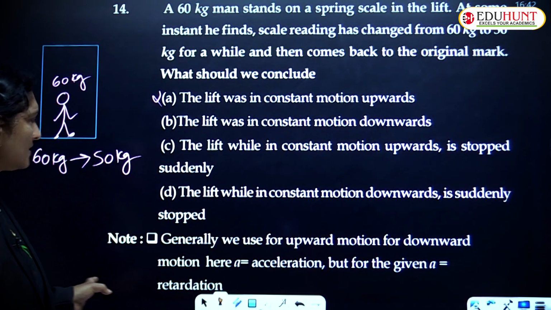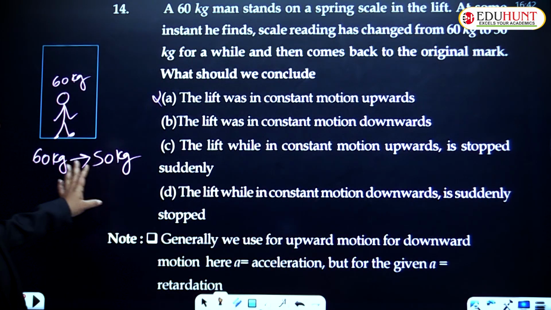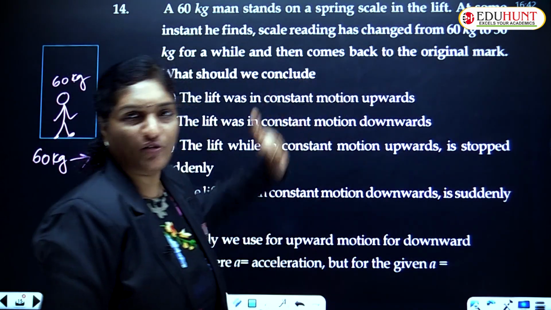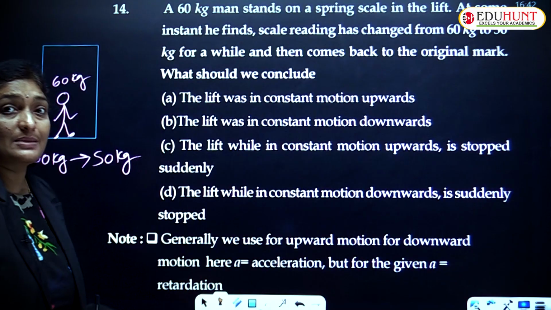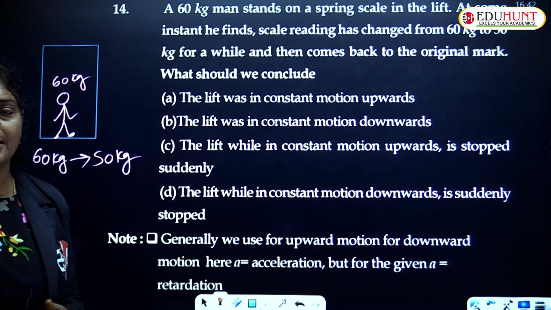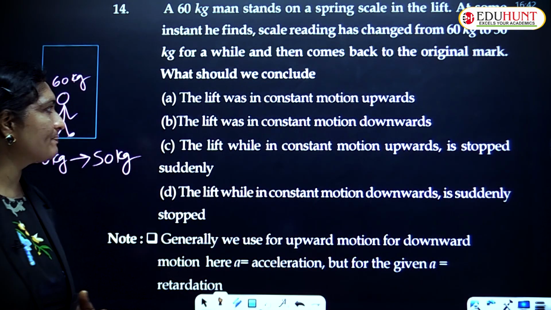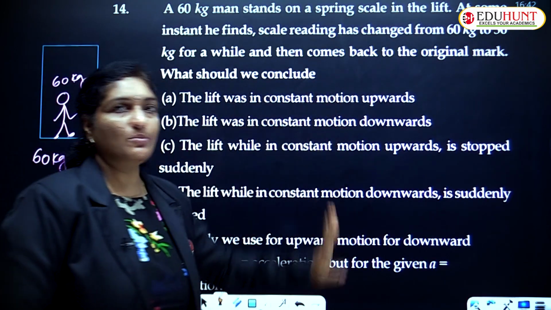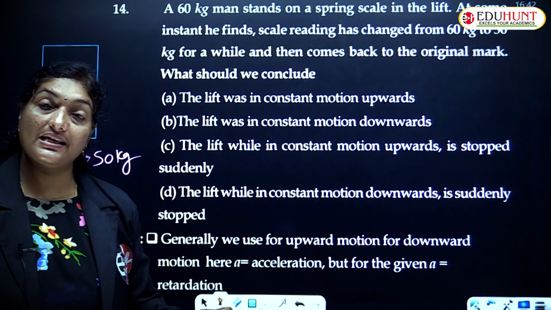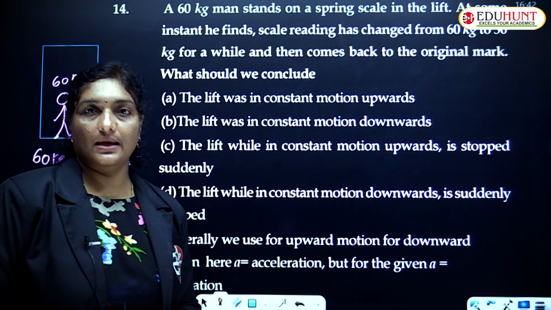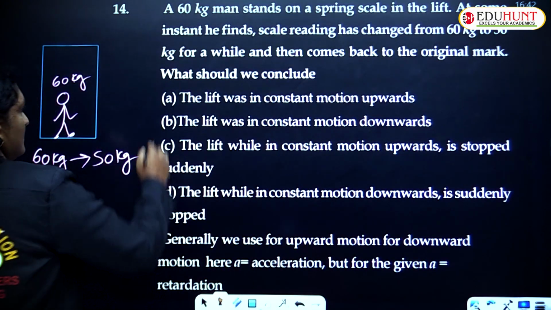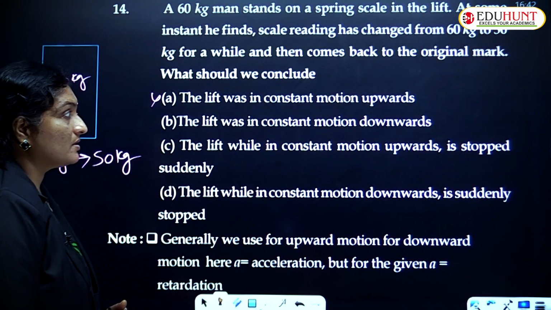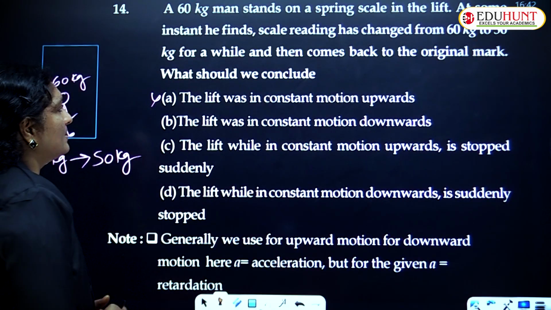Children, whenever a lift is moving upwards, there must be an increase in the reading, not a decrease, because it is m into g plus a. So upward motion is not possible, because in that case the reading would increase. Hence this is not true. The lift was in constant motion downwards. Yes, the possibility is there.